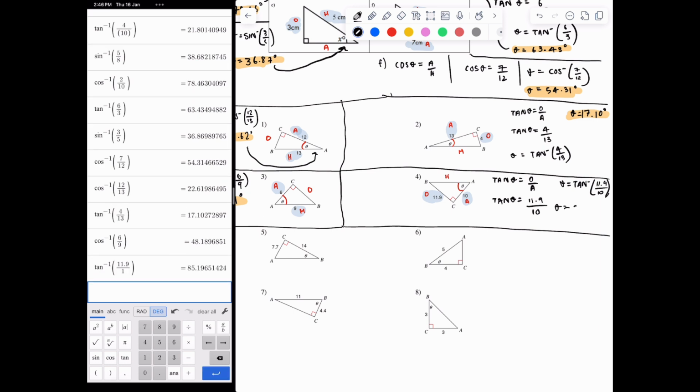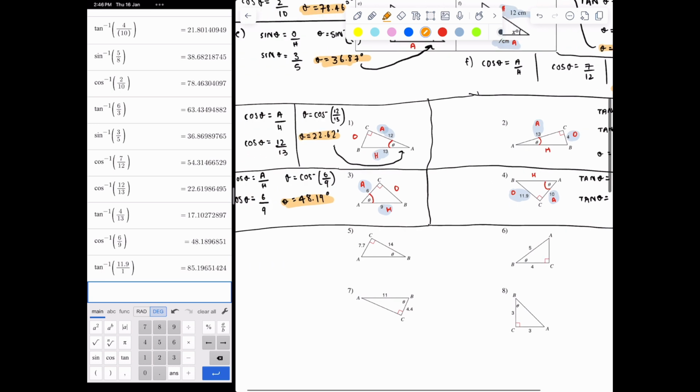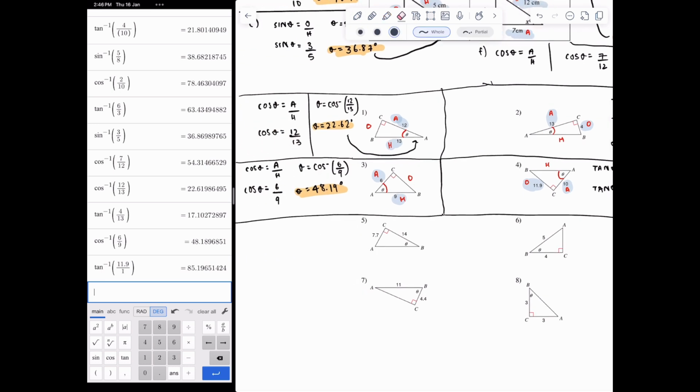Oopsies, I did 11.9 over 1, which is going to give us the incorrect answer. So the correct answer is actually meant to be 49.96. My bad for that little error. Okay, moving on. Calculator errors can be so common.